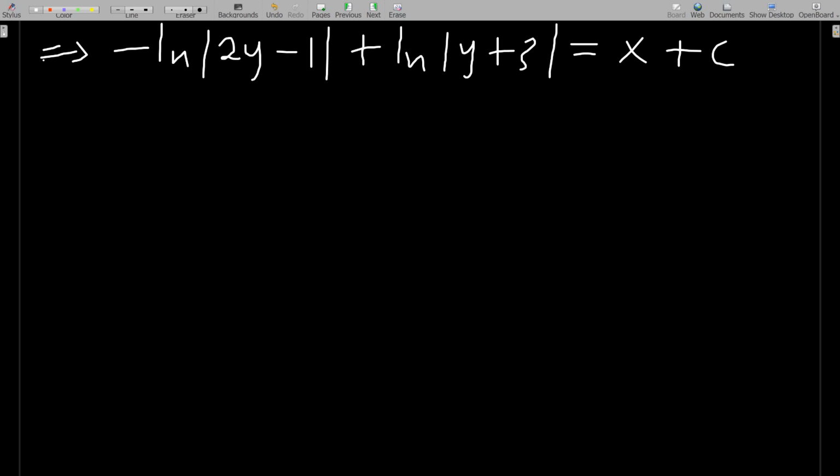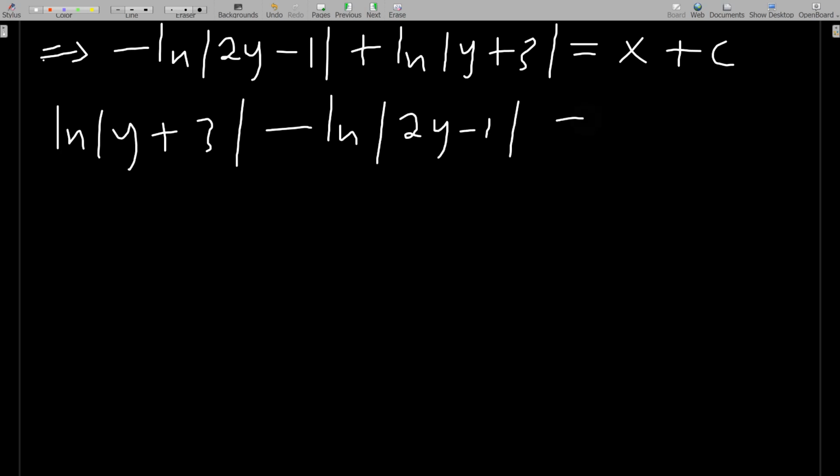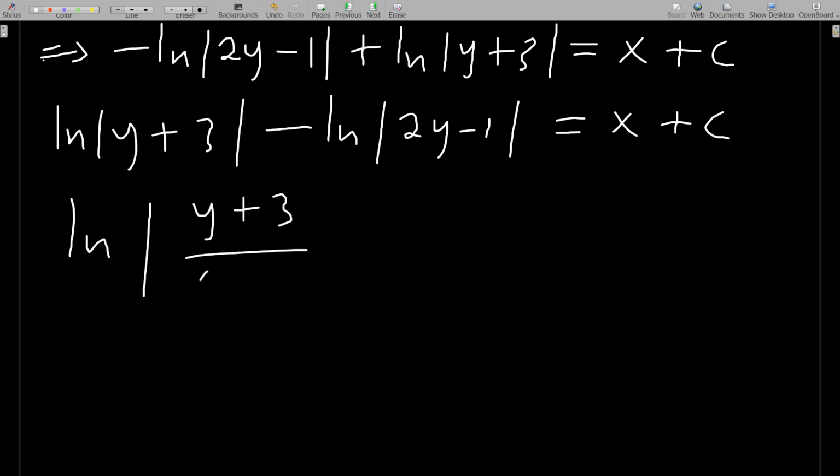And this is simply ln of y plus 3, I'm just interchanging these, minus ln of 2y minus 1 equals x plus c. Now the question asks that we solve for y, so we could have actually left everything in this form, okay. We have logarithm here, so ln of y plus 3 over 2y minus 1 equals x plus c.